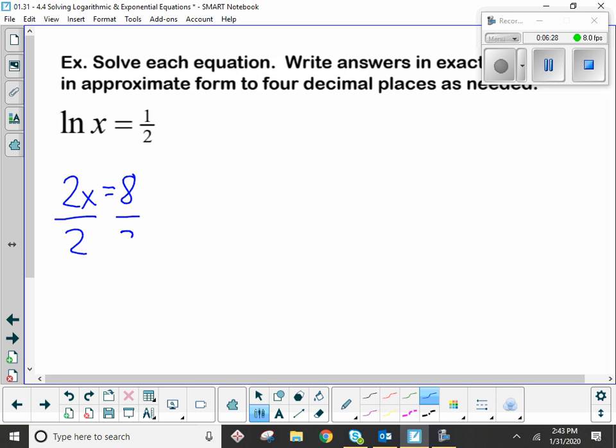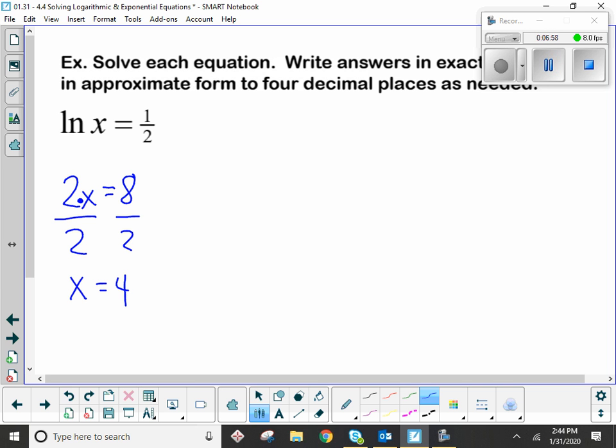Here's why. The reason why we divide is because originally we were multiplying, and division is the inverse of multiplication. You good with that? Division is the inverse of multiplication. That's what you do to solve. You do a bunch of inverse operations.